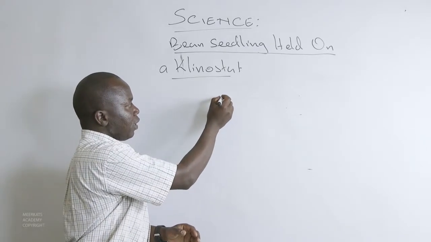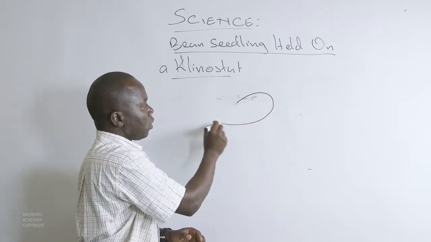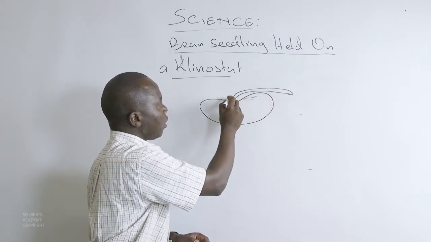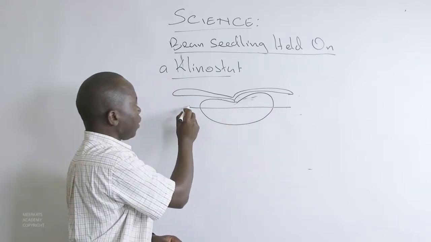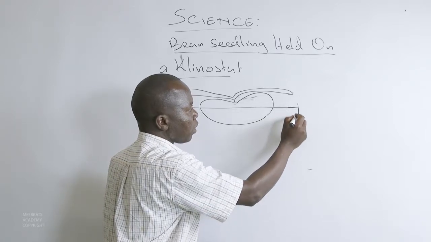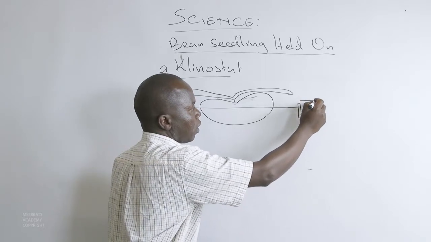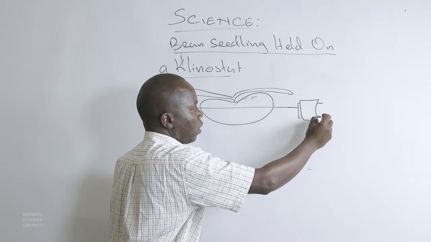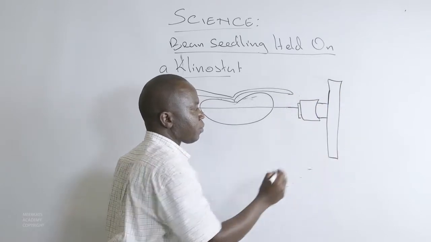So if this is our seedling, just in the same position, that's the radical. But now this pin here, we have a clinostat here. That clinostat may be on a board.